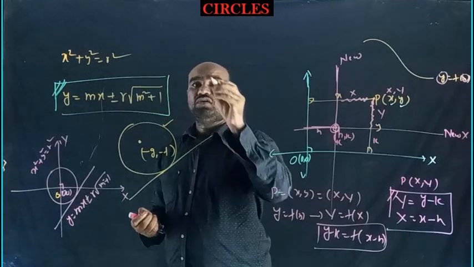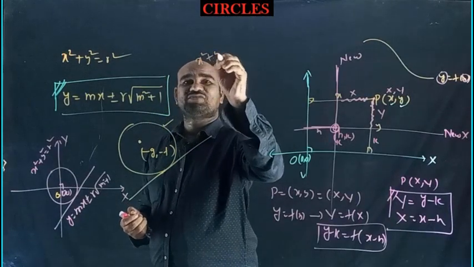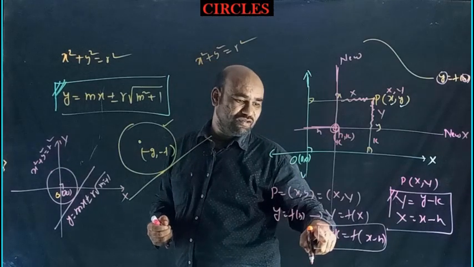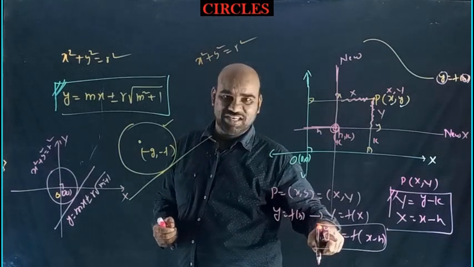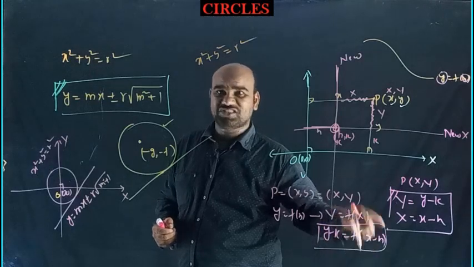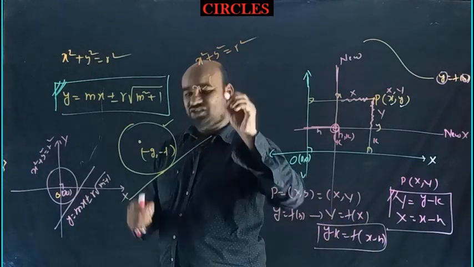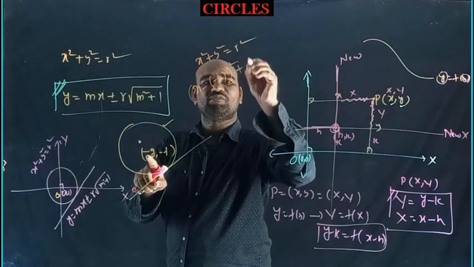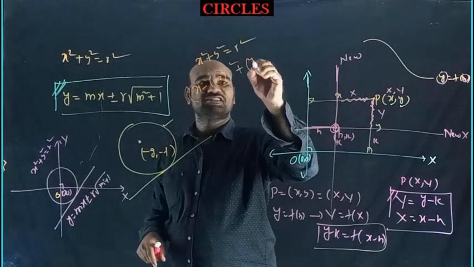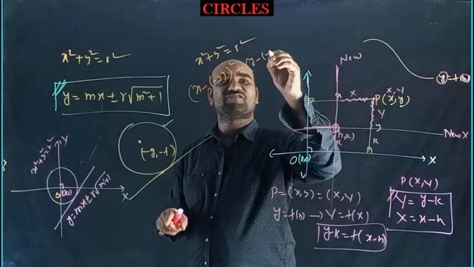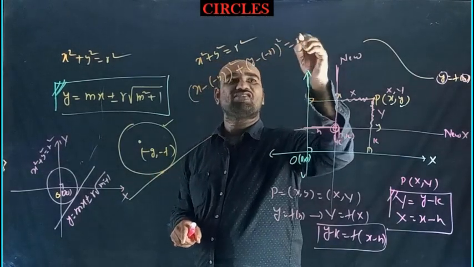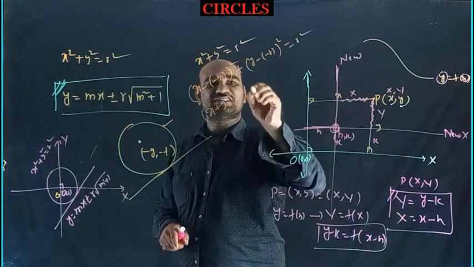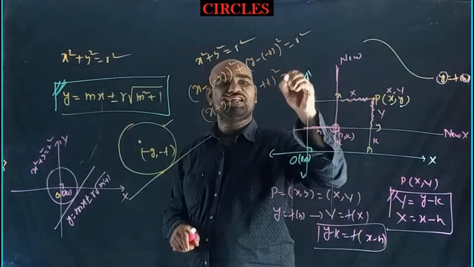Now x squared plus y squared equals r squared becomes, as I told, instead of y you write y minus k, and instead of x you write x minus h. So x minus h means x plus g, whole squared, plus y minus k means y plus f, whole squared, equals r squared. So x plus g whole squared plus y plus f whole squared equals r squared.